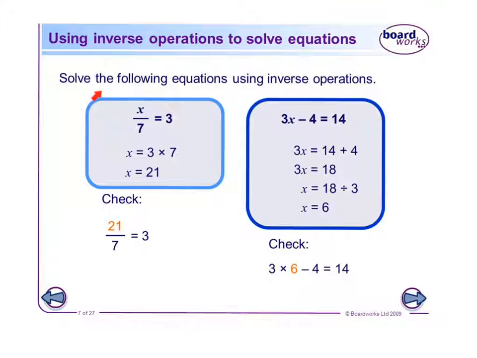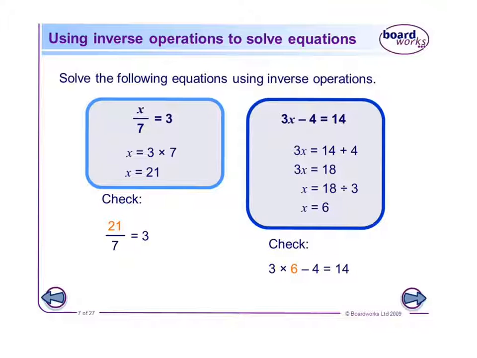In this example, we're using inverse operations again. We have x over 7 equals 3. We rewrite that as x equals 3 times 7, and we get x is 21. So the multiplication was the inverse. Over here we had 3x minus 4 equals 14. This is multiplication here, so we have 3x equals 14 plus 4. 3x equals 18. x equals 18 divided by 3, and x equals 6.